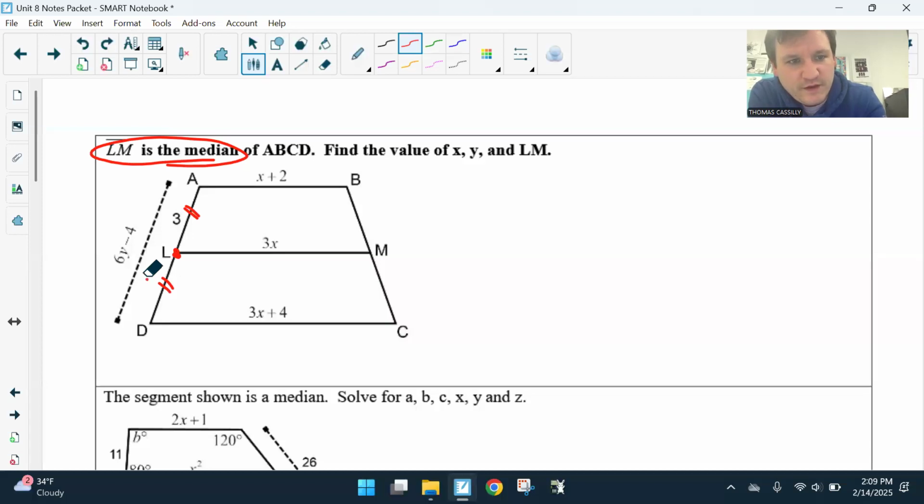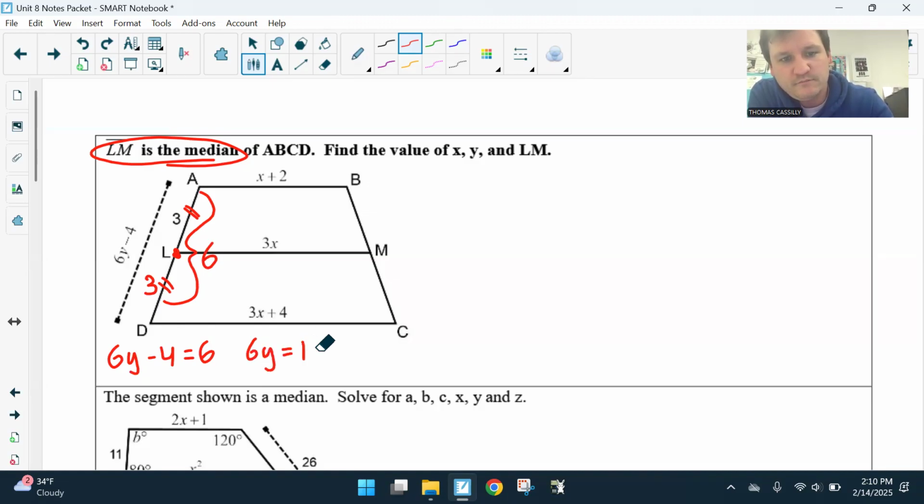That means this one down here is a 3, so if we add those two together, the entire side has a length of 6. That side is represented by 6y minus 4. So 6y minus 4 equals 6. Add the 4 over, we have 6y equals 10. Divide away the 6, and we have y equals 10 over 6.